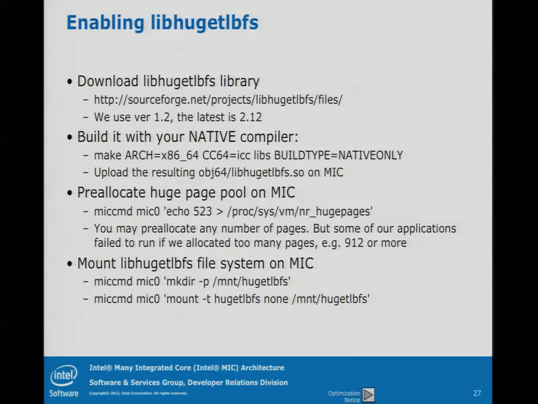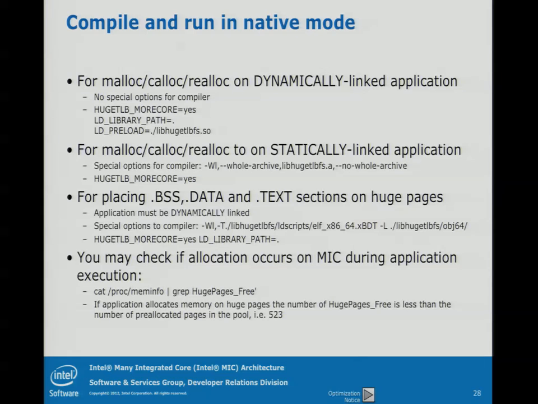And then basically you mount this virtual file system for the large TLB pages. And what you need to say is HUGETLB_MORECORE equals yes. The library path should point to where libhugetlbfs, that's a complicated name and lots of acronyms, is located.